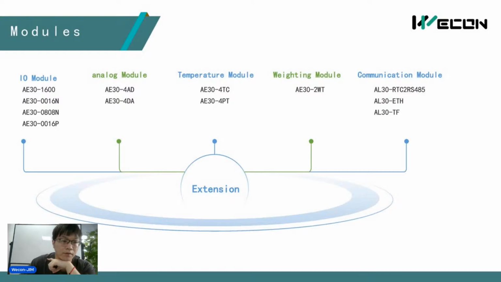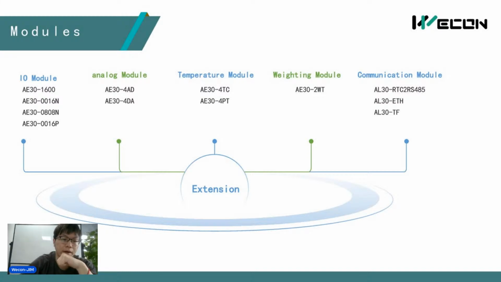Okay, so now let's check the last part. I will introduce the modules of the PLC. For now, we have I/O modules, both input and output modules, and the analog modules are under development.